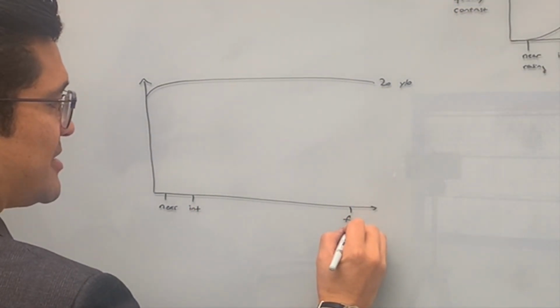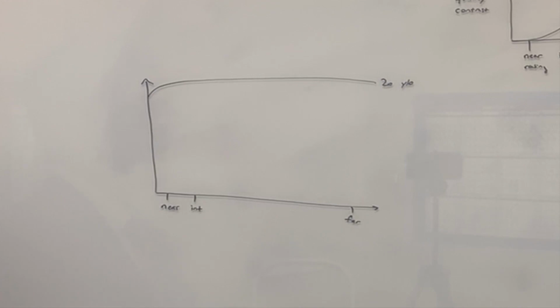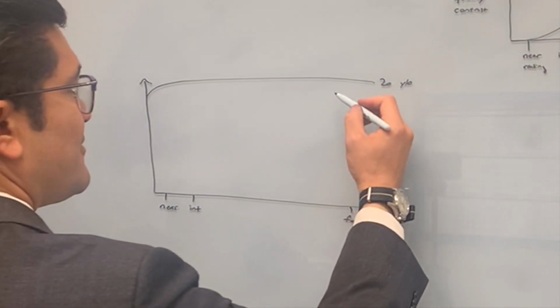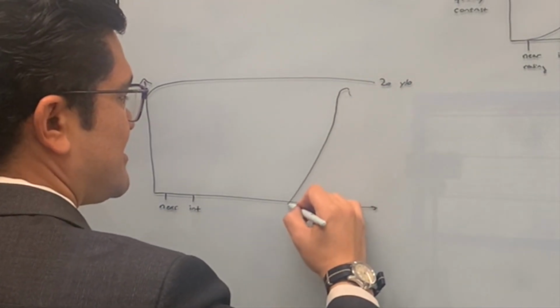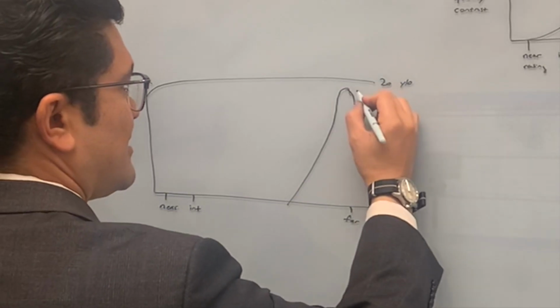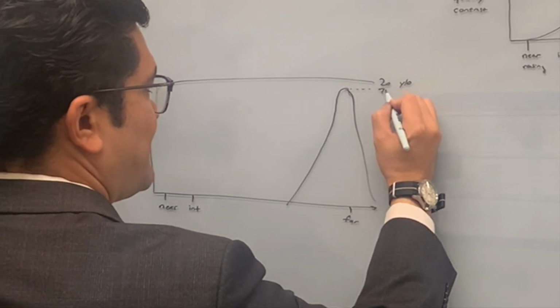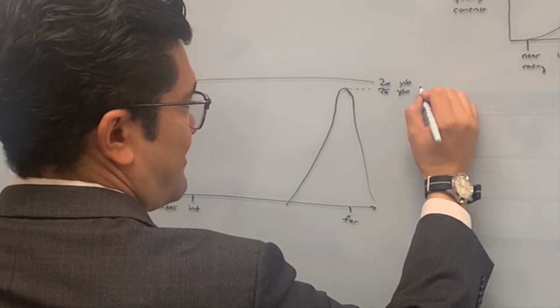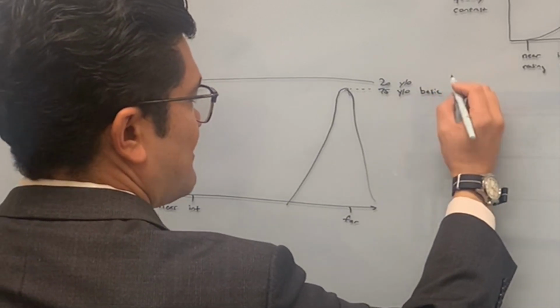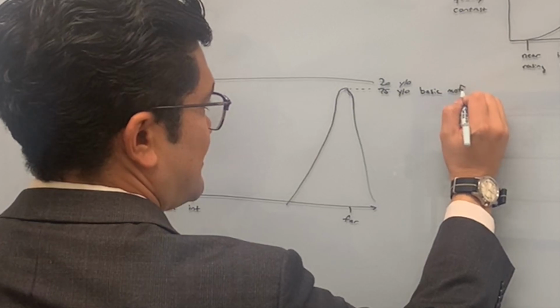And then far vision. Let's say we use just a basic lens. The far vision will be nearly as good as a 20-year-old actually. It'll be like this. 75-year-old with a basic monofocal lens.